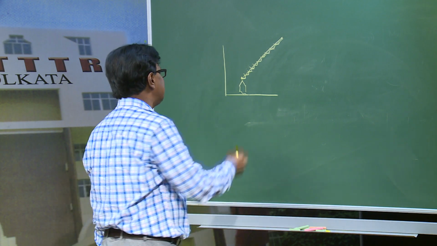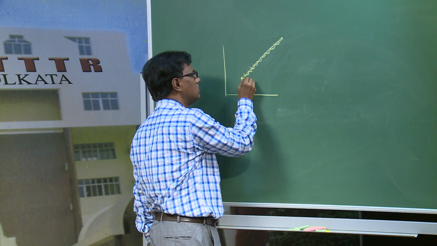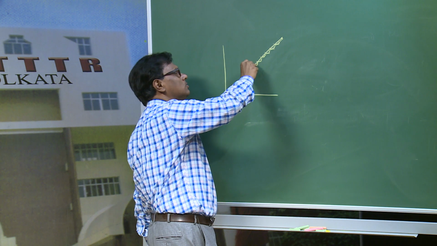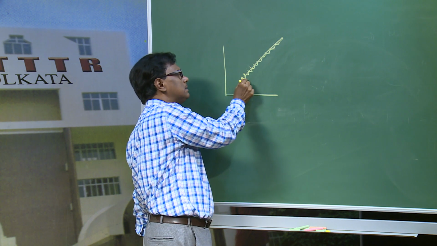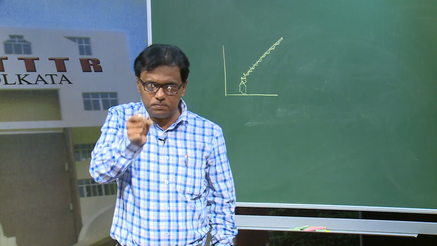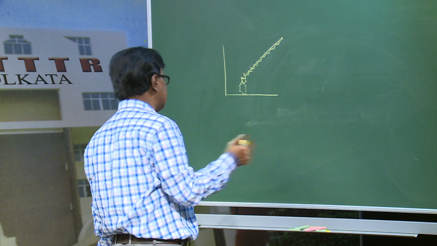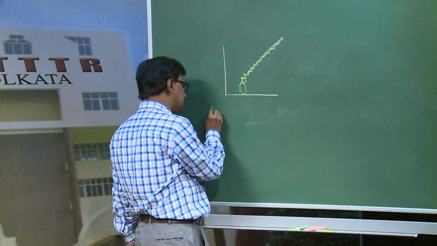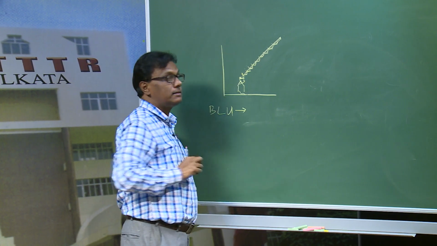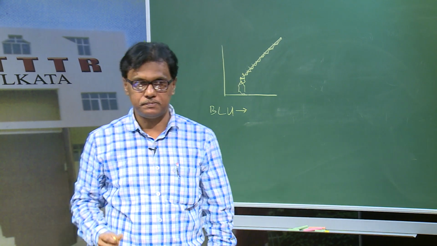Given this distance, I can easily find out the coordinates of these points. This particular distance along the x axis is called the basic length unit. This is a characteristic feature of a particular CNC machine.